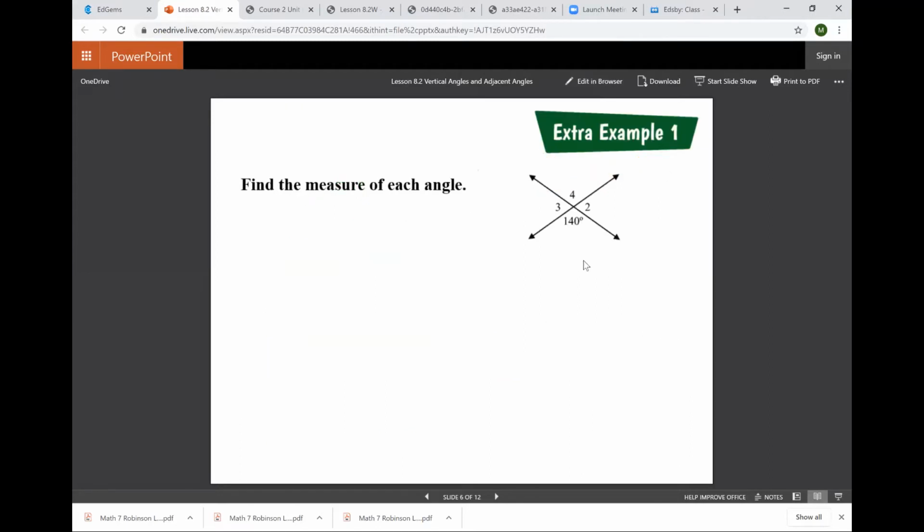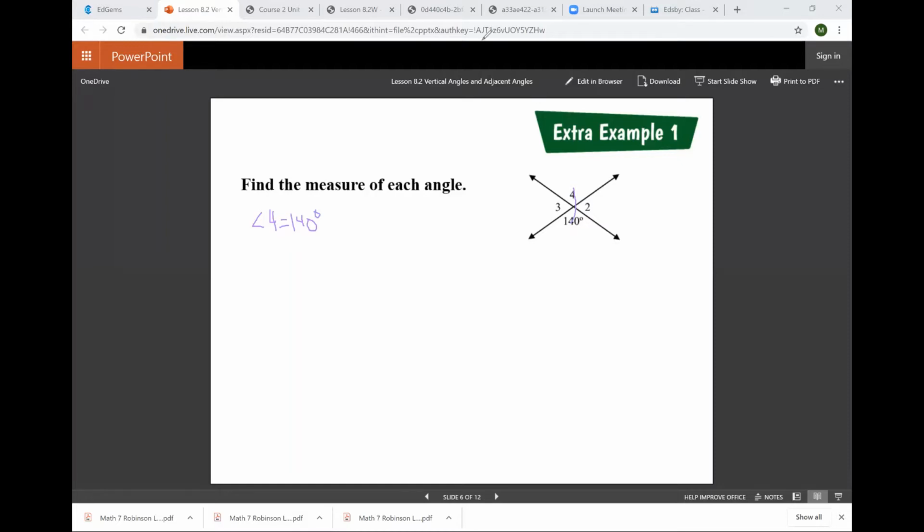Find the measure of each angle. Well, I can look right now. I'm going to do the easiest one, right there. So angle 4 equals 140. And now I know angle 4 equals 140.